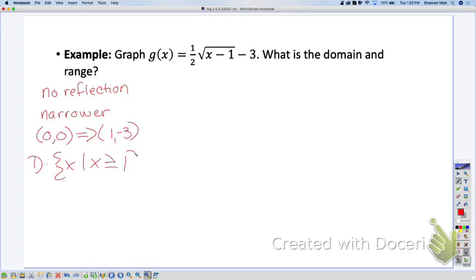That's gonna be the same, it's just gonna have that movement, because there's no reflection, right? If we had a reflection, would it change one of those? Yes. If it reflected over the x, it changed the range. If it reflected over the y, it would change the domain. Okay, range. Assuming you've already written it: y such that y is greater than or equal to negative 3.